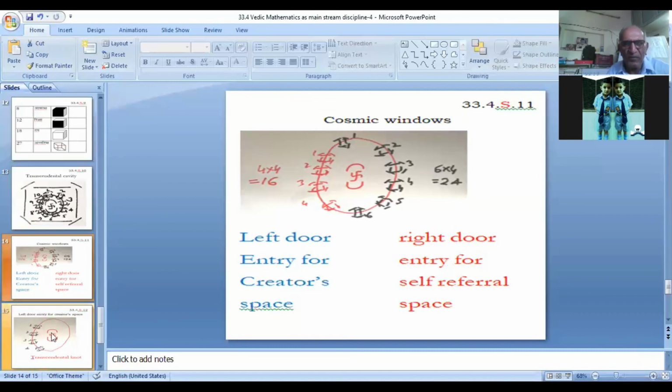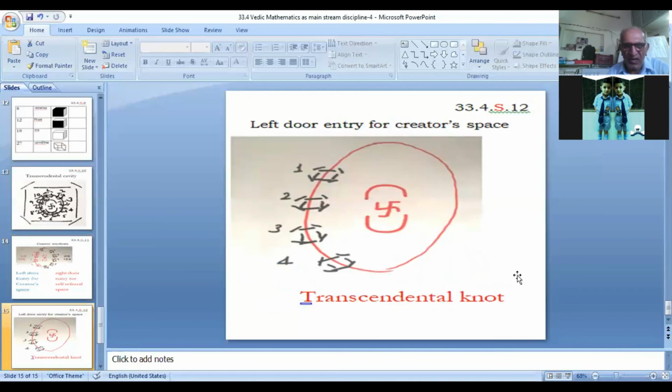Sadhakas fulfilled with intensity of urge shall be specifically parallel with the left door entry along the transcendental knot. Left door entry from the transcendental knot is within the creator's space, and the right door entry from the transcendental knot is of a creator's space. It is this feature, it is this phenomenon which deserves to be comprehended well.